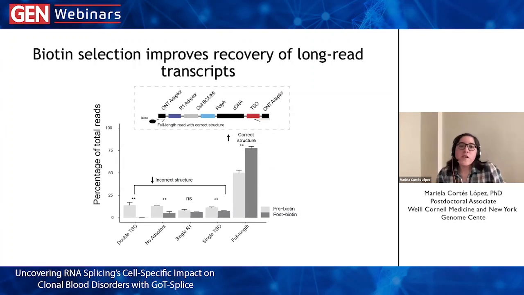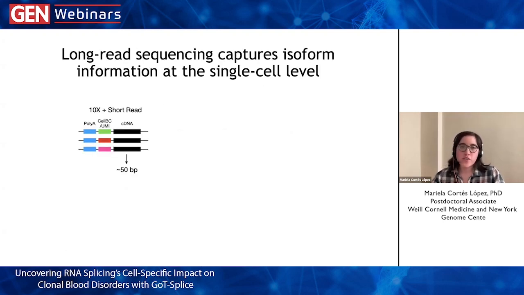So interestingly, in order to achieve this goal, we realized that actually adding a biotin pull down step in the preparation of a library increased the capture of proper RNA transcripts, sometimes even achieving yields above 80% of proper transcripts capture. And having this long-read sequencing information at the single cell level then gives us different advantages.